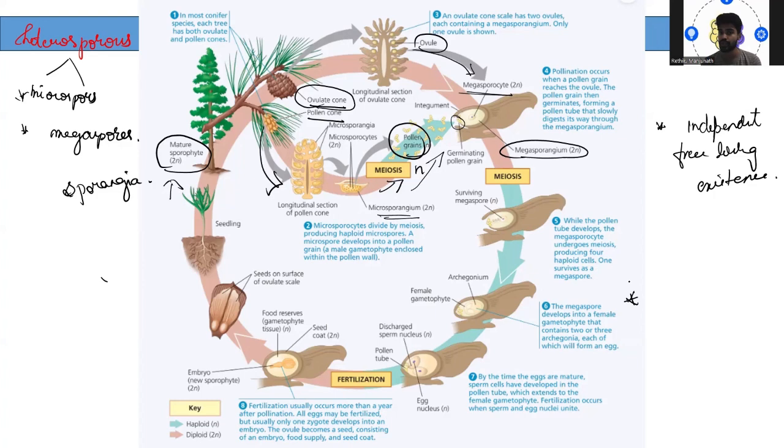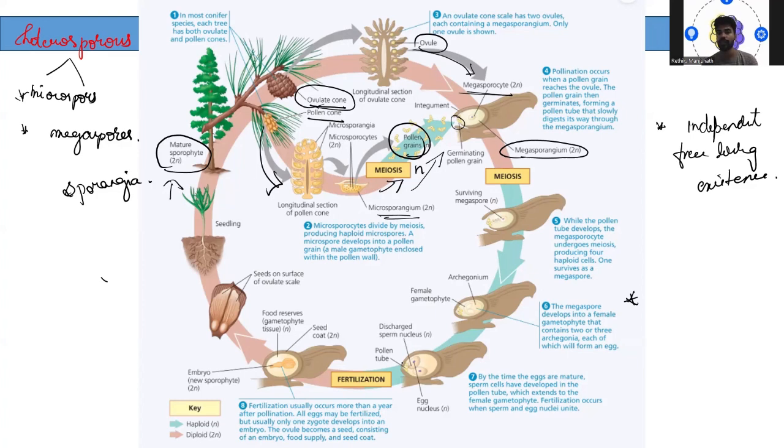How? It undergoes meiosis division. Now it will contain two or three archegonia, each of which will form an egg. So either two eggs or three eggs will be there.